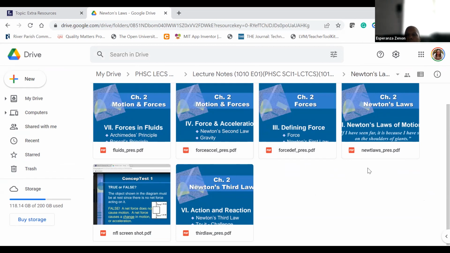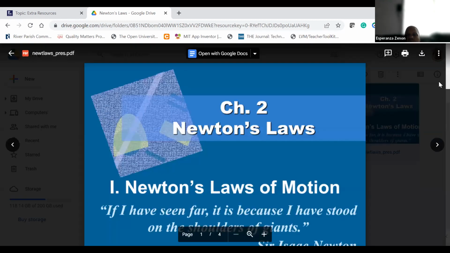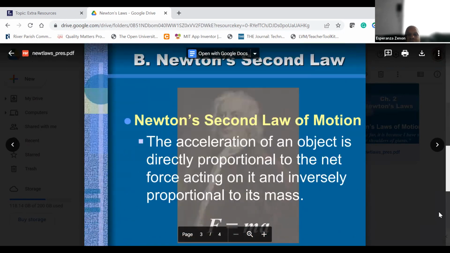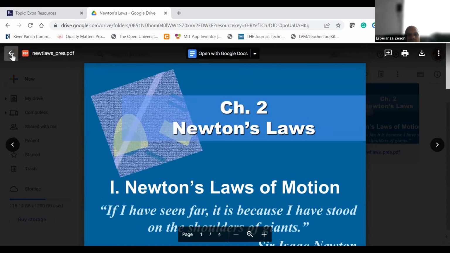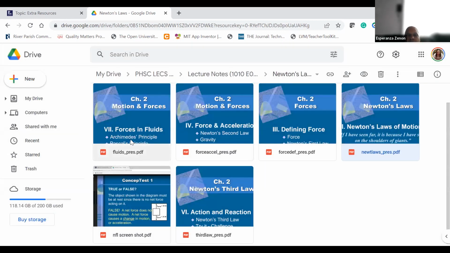I'll just quickly go through it because it really is a restatement of much of the stuff we've already looked at. This packet that says Newton's laws is just 3 or 4 slides that have Newton's laws. That's it. Nothing more, nothing less. So we've already seen that. You can look at the fluid stuff, but it's not anything that I cover in this class, not anything you're going to be tested on.